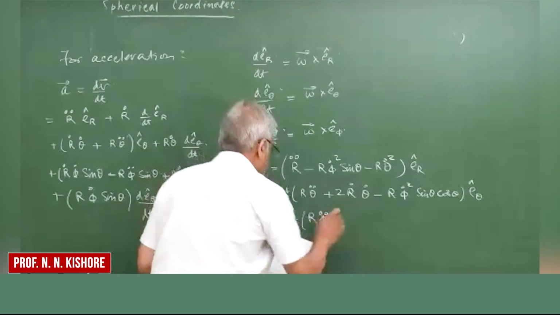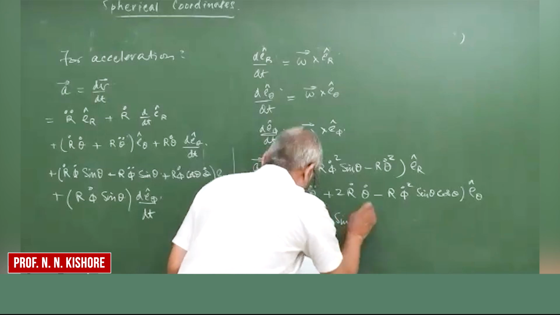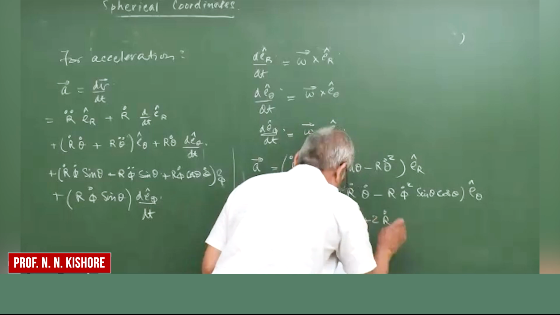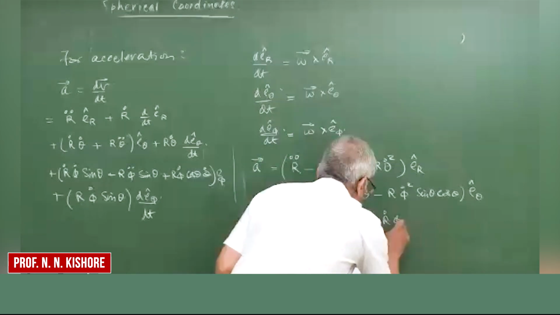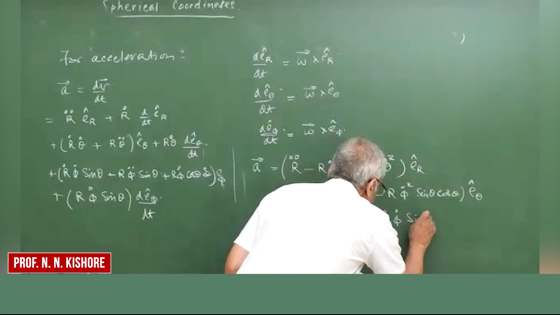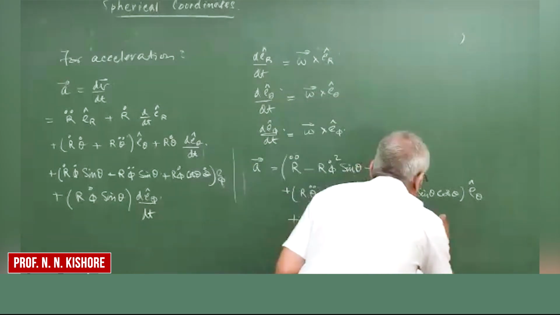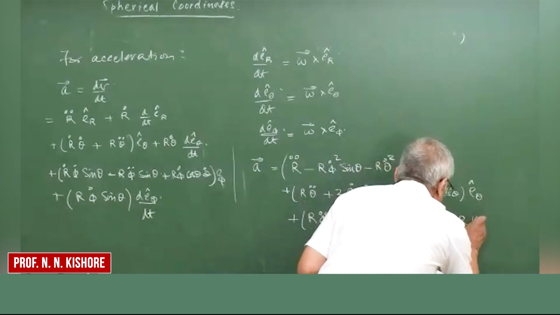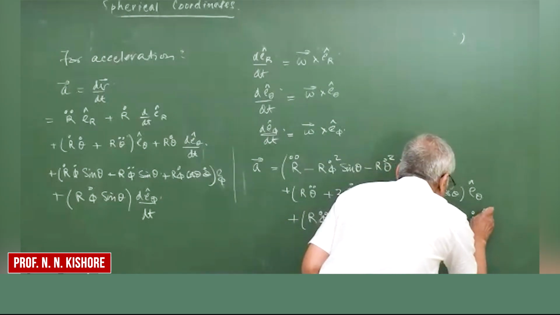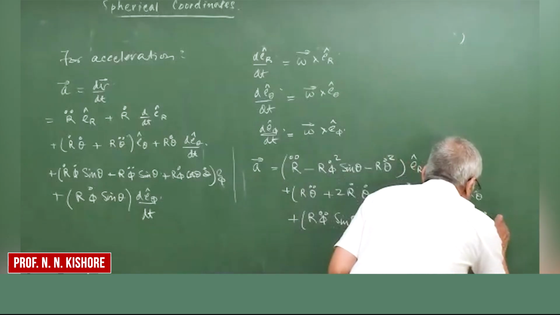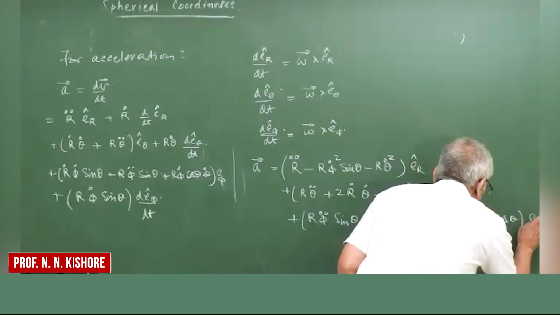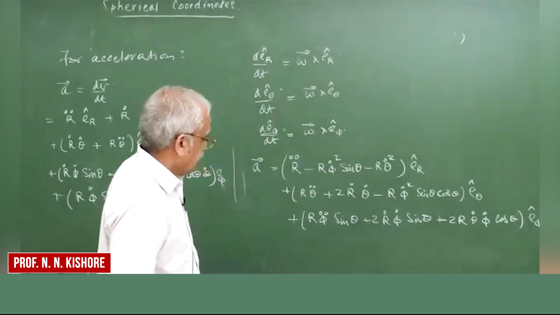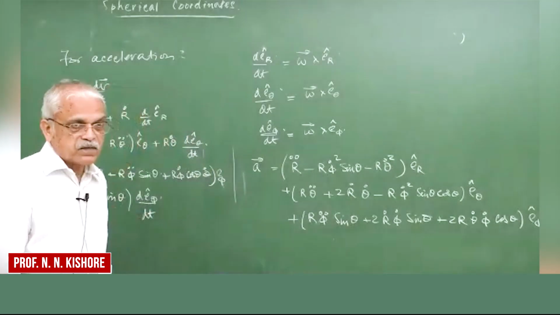I'm writing these things so that you can use them if you need them. Then 2 r dot phi dot sin theta plus 2 r theta dot phi dot cos theta. Okay, so it's long, but we are able to complete it successfully.